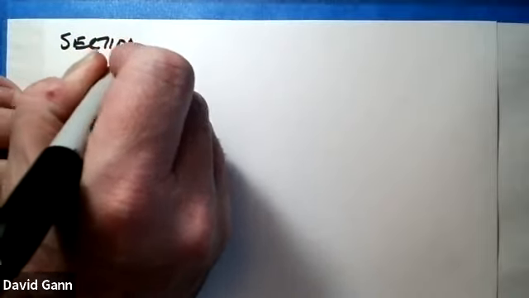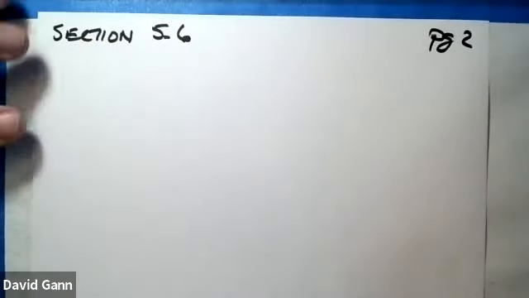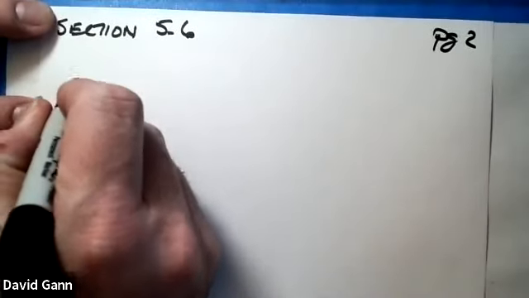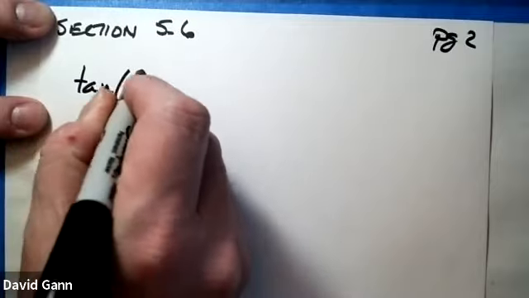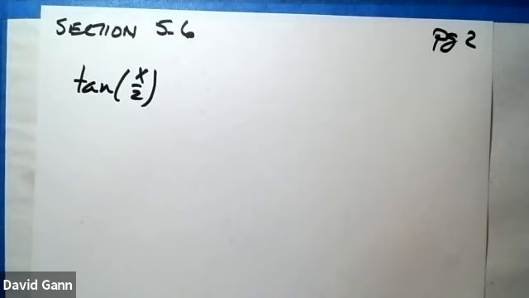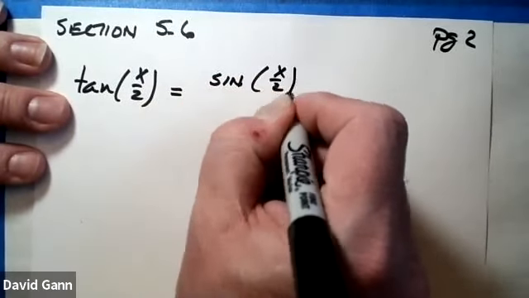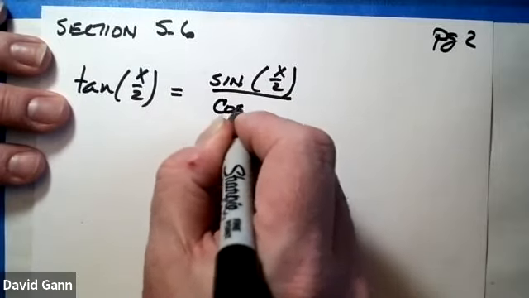And what I'm going to do is actually use the identities we just created. So section 5.6, page 2. If we wanted to find a formula for a tangent of x over 2, it makes sense that rather than trying to reinvent the wheel, we just use the ratio of sine of the half angle divided by cosine of the half angle.